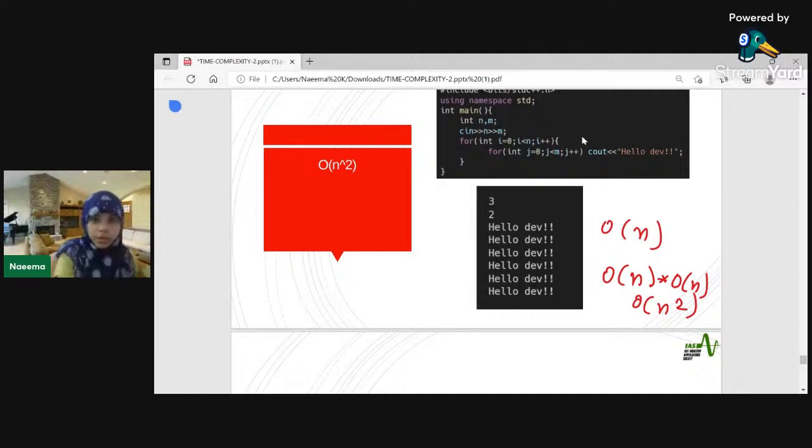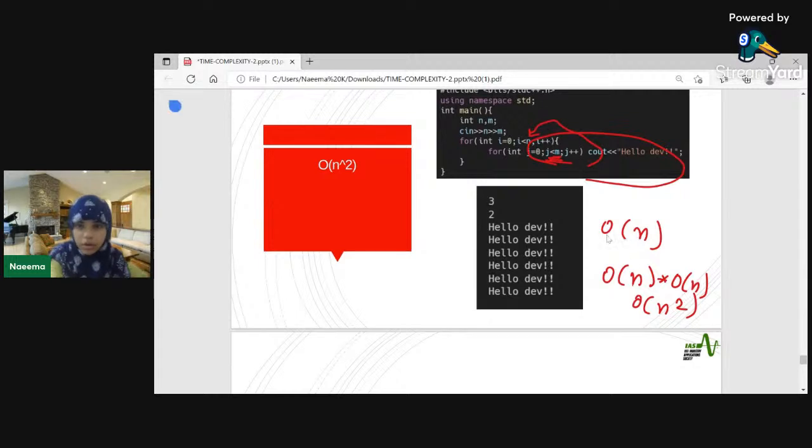In this example, there are 2 nested loops. So the inner loop would print the statement m number of times, and the outer loop would again be printed according to the input of n.